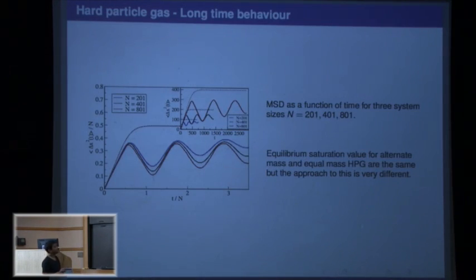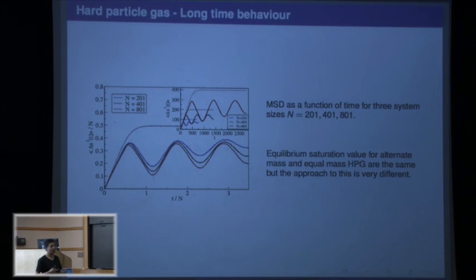So that was the short time behavior, and if you look at the large time behavior, this is the equal mass case where it goes to this constant. In the unequal mass case, it will eventually go to this same constant, it has to, but it's a very different approach to this steady state value. You see these large oscillations. Both the amplitude and the frequency of the oscillations scale with system size. Here we just scale with n, and this basically comes from the sound modes in the system.